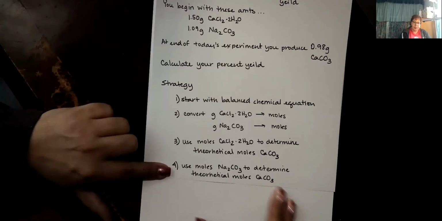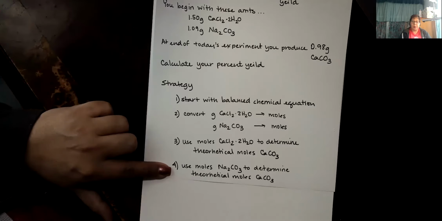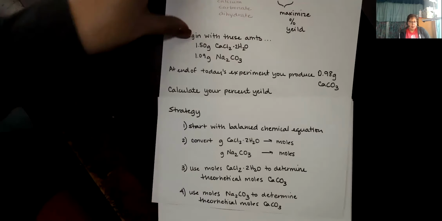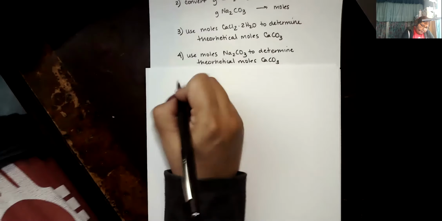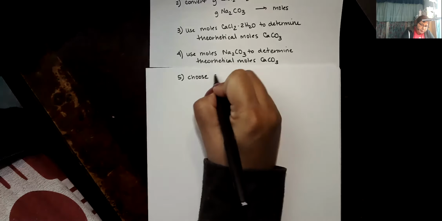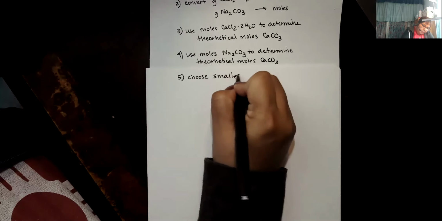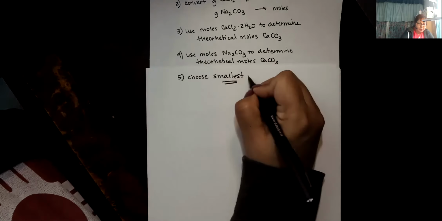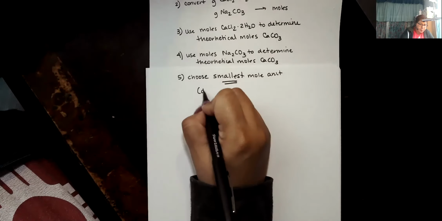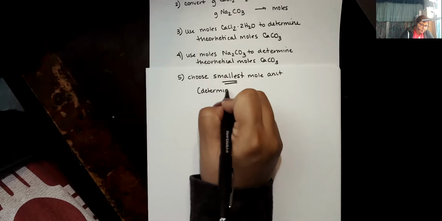Okay, so you'll determine the theoretical number of moles produced by each of those. Then the next step, step 5, is you'll choose the smallest mole amount, and that will determine your limiting reagent.